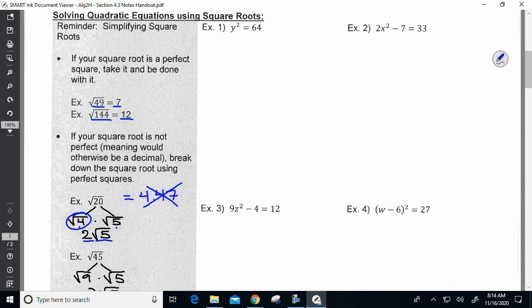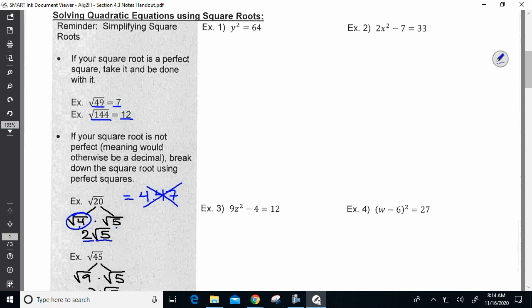What I will make sure to do on Google Classroom is go back and post the notes from when we actually simplified using square roots earlier this year, for those people who need the refresher.